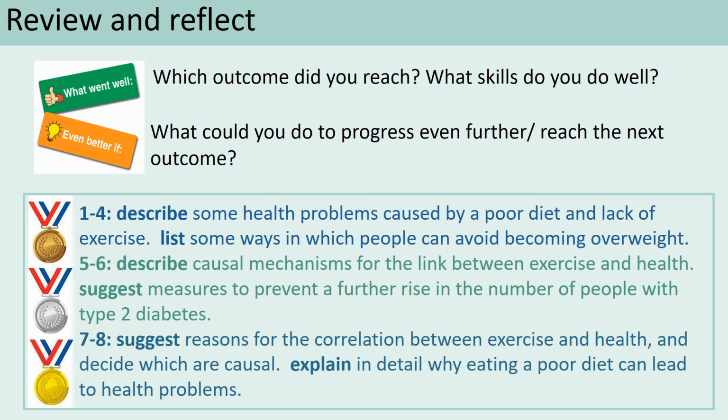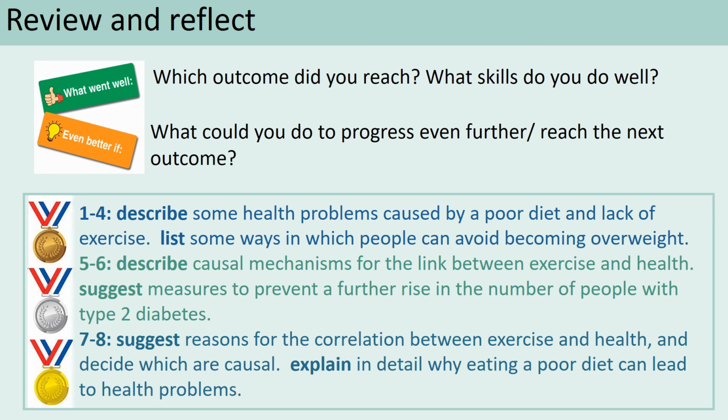Okay, so hopefully we have taken on board some of those things. Hopefully we're able to talk about some of the health problems caused by a poor diet and a lack of exercise. That's really important from this lesson. For 5 to 6, hopefully we're able to describe causal mechanisms for the link between exercise and health. So actually giving reasons why having a poor diet causes diseases or lack of exercise causes diseases.